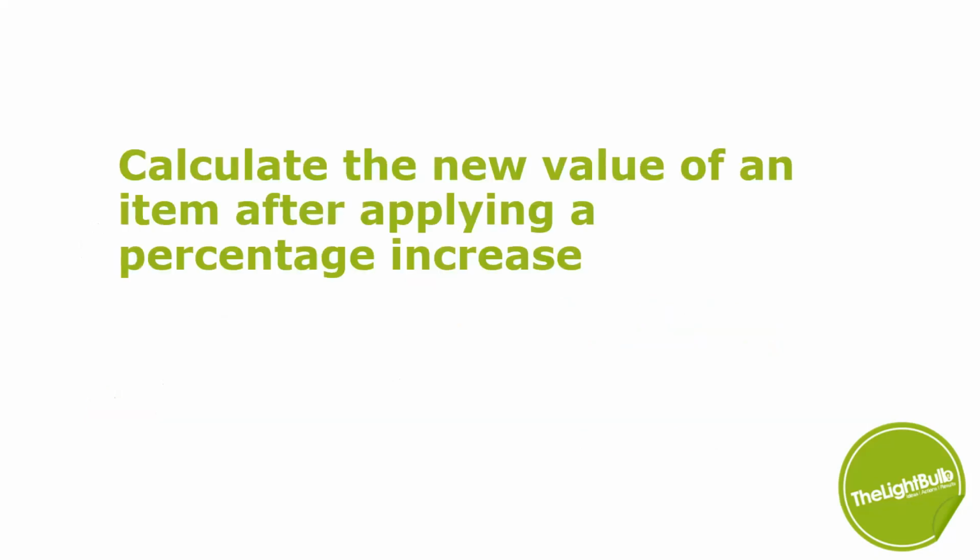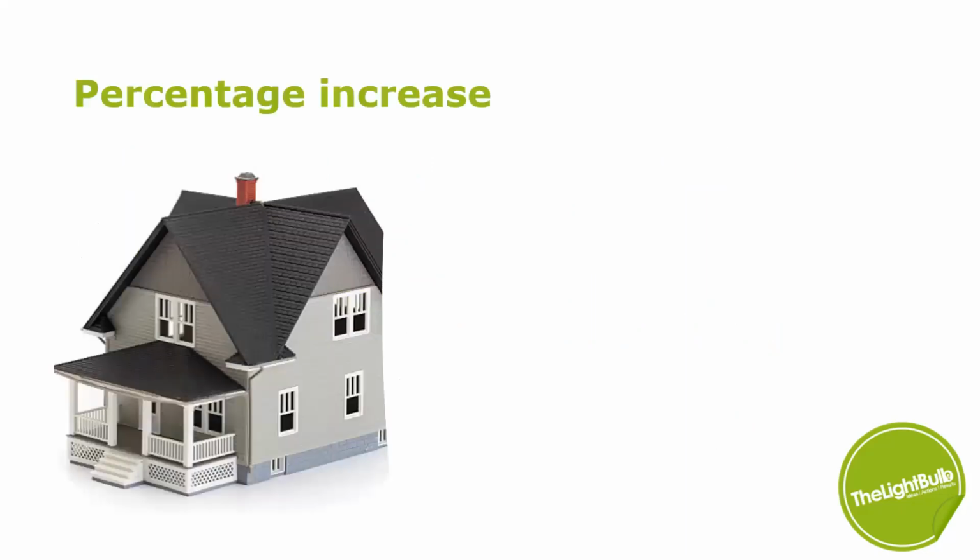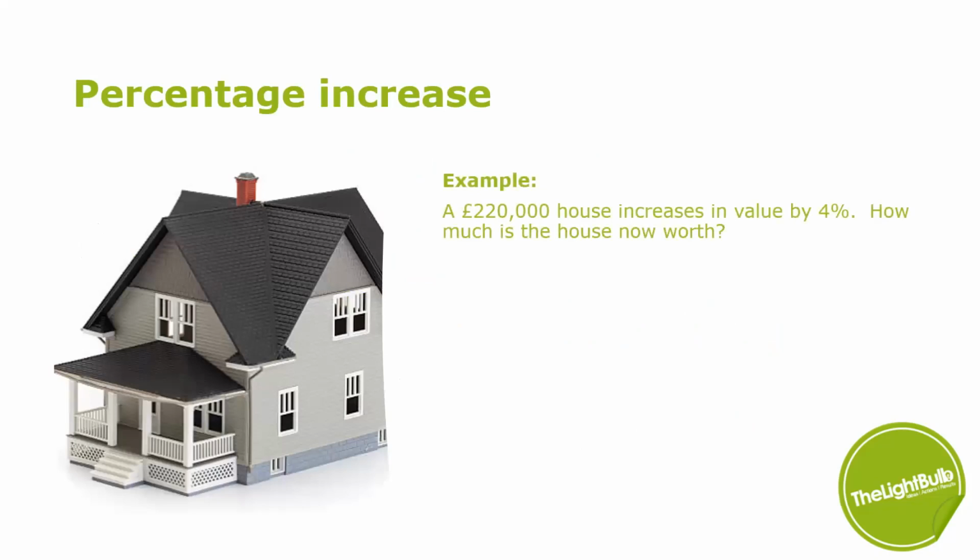And this brings us to the third and final section of our session today, which is calculate the new value of something after we apply percentage increase. Now, you might already be able to guess where this is going, but if we've got a £220,000 house and it increases by 4%, how much is the house now worth?